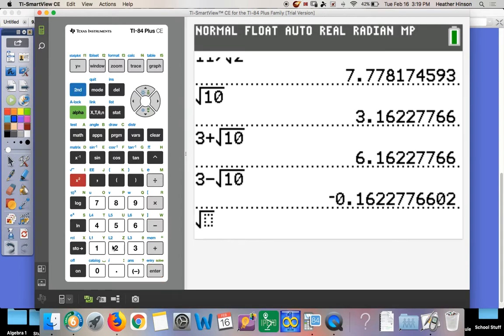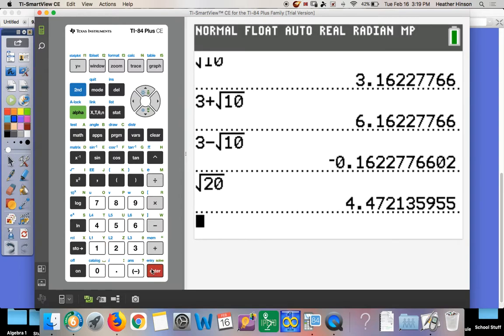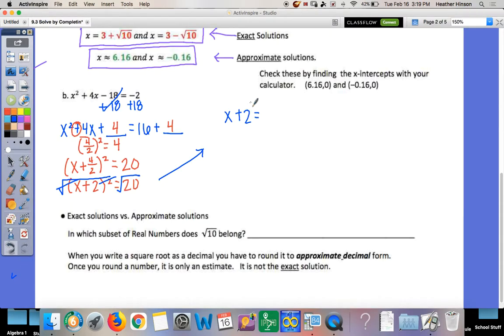Well, if we plug that in, we're going to get a crazy decimal. When you get a crazy decimal, you leave it alone. It becomes a positive negative square root of 20. So we write it out twice. X plus 2 with the positive square root of 20, and x plus 2 with a negative square root of 20.